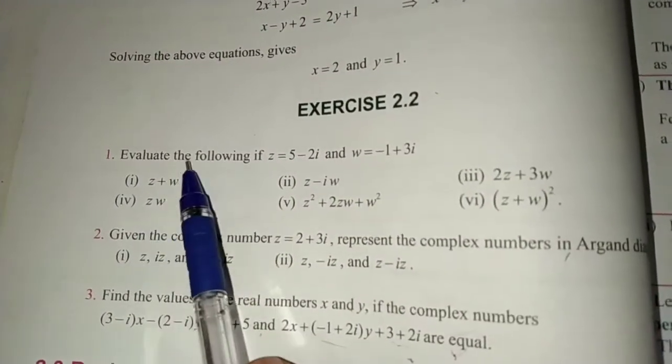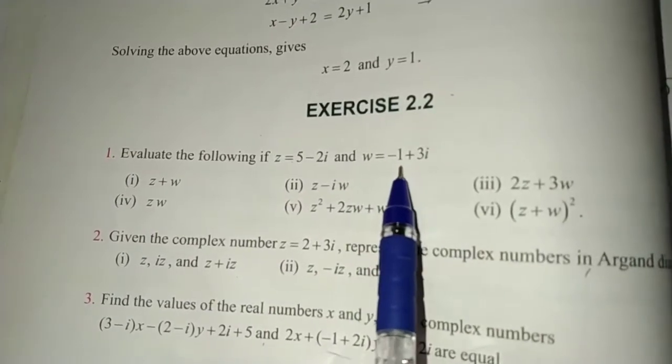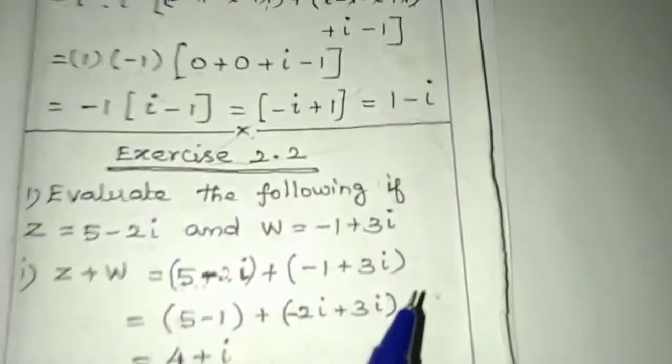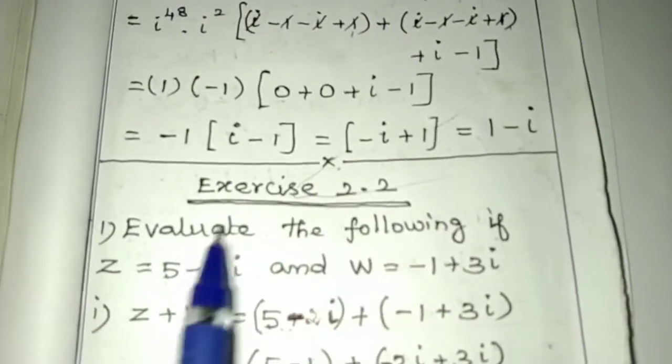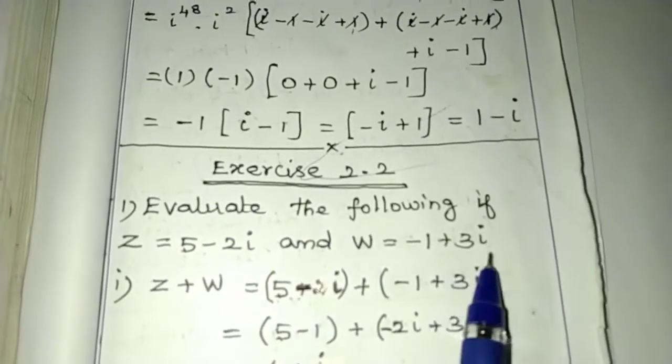Okay, understand or not? Next we are going to see exercise 2.2. Exercise 2.2, evaluate the following. If z equal to 5 minus 2i, w equal to minus 1 plus 3i.